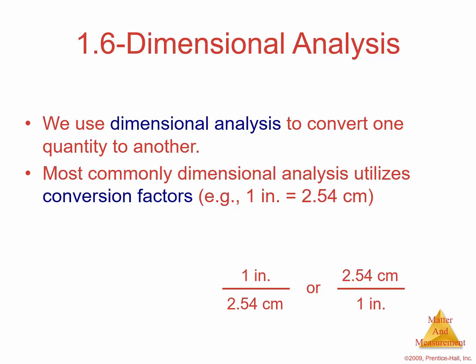You can use either one depending on the problem you are working with. So we use, for example, this conversion factor to convert inches to centimeter, and the other one for the opposite process.